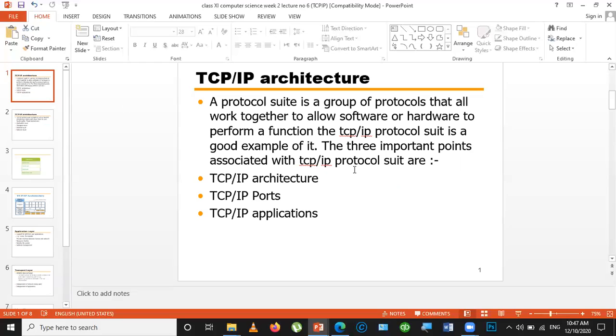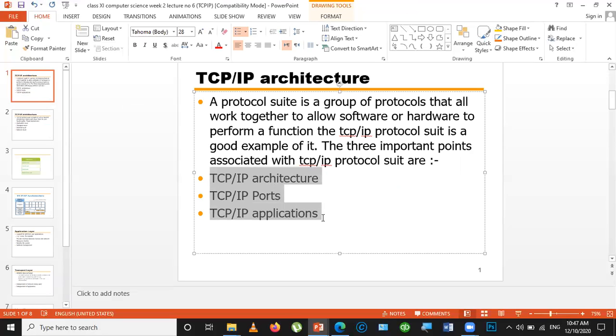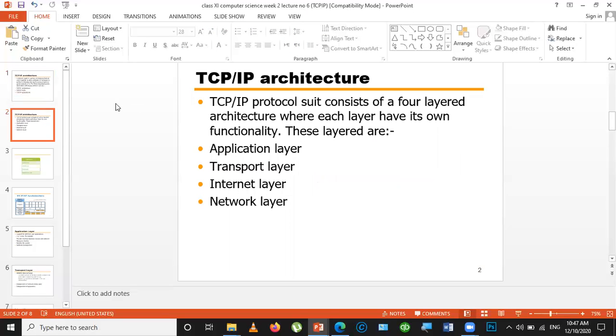Each layer has different functions and each protocol has different functions. When we learn about TCP/IP, we have three main points: first, TCP/IP architecture; second, TCP/IP ports; third, TCP/IP applications.